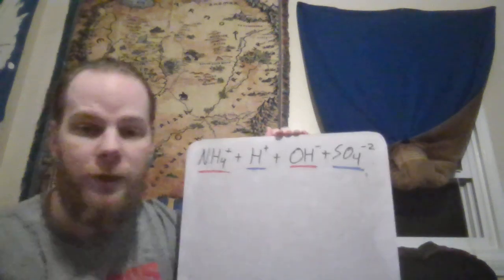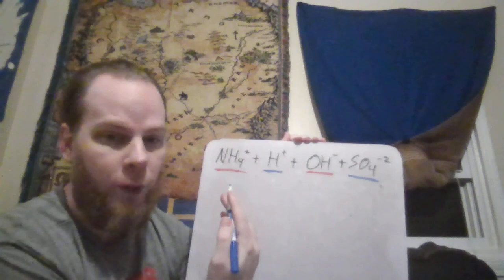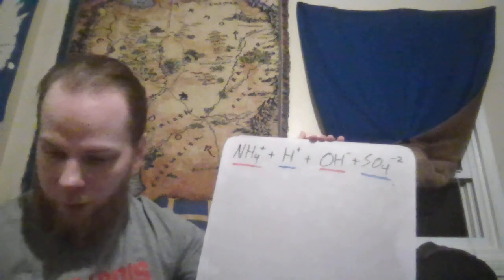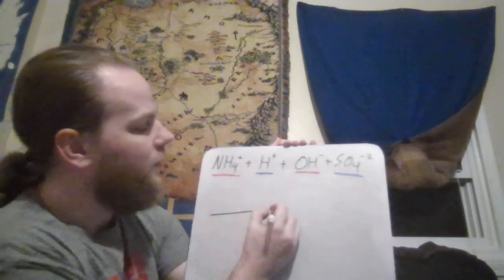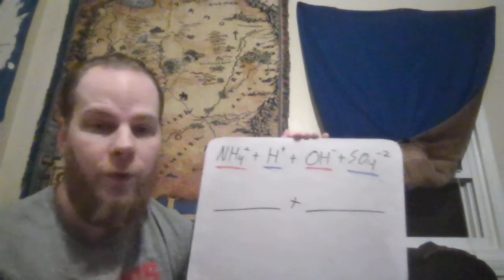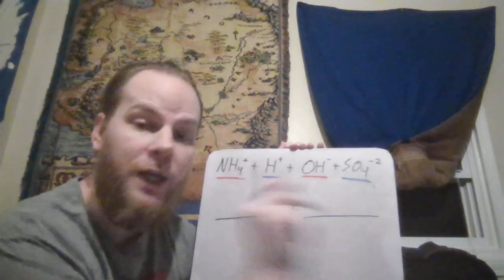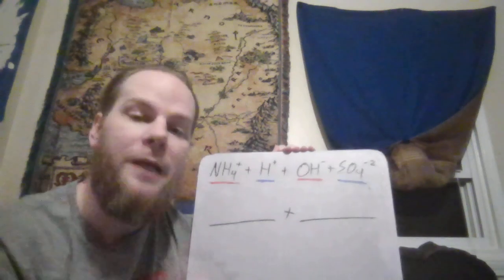So when we're looking at our products, we're going to start with NH4. And by the way, I always recommend that we have 2 blanks for our products. I always recommend that you start by writing in your cations in the same places that they were on the reactants.